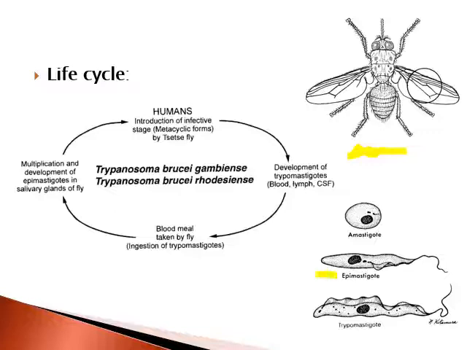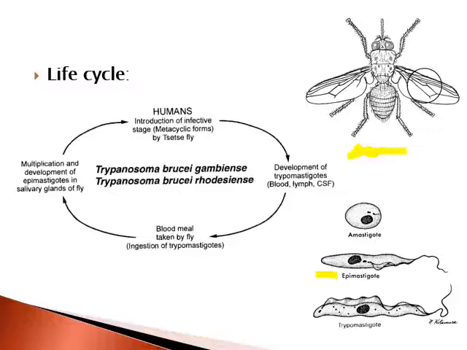They replicate in the gut of the fly as epimastigotes for a while, then go to the salivary glands and transform into what we call metacyclic trypomastigotes. The metacyclic trypomastigotes are the infective stages which are injected with saliva into the blood of the next host.